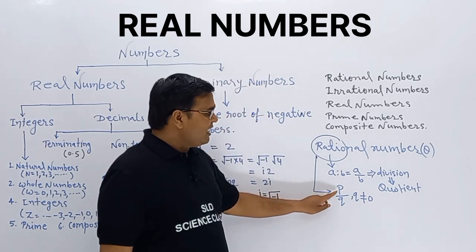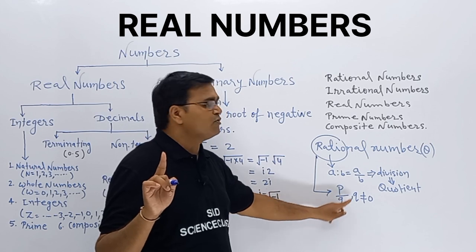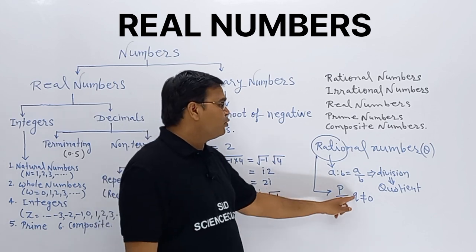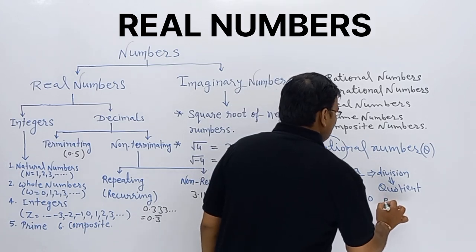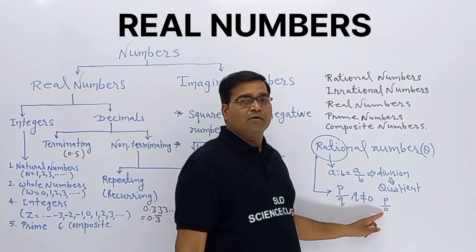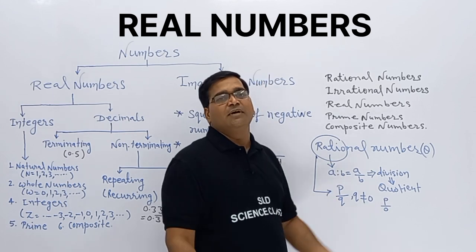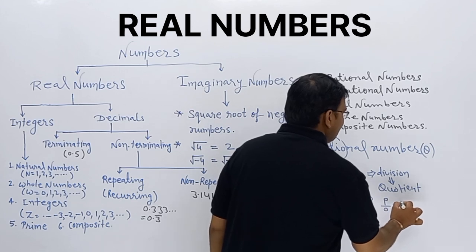We can put any value from the integers in place of P and Q, but we will not put 0 in place of Q. Why? Once we put Q equal to 0, P upon 0, we have the denominator equal to 0. It means what? If the denominator of any number is 0, then the function is undefined and we get an infinity value.